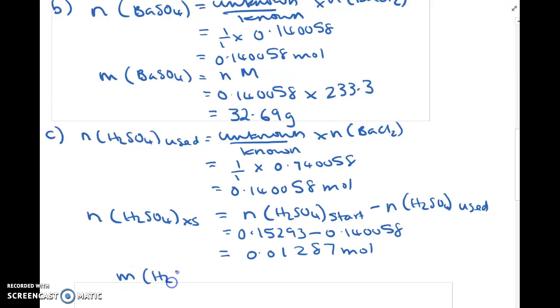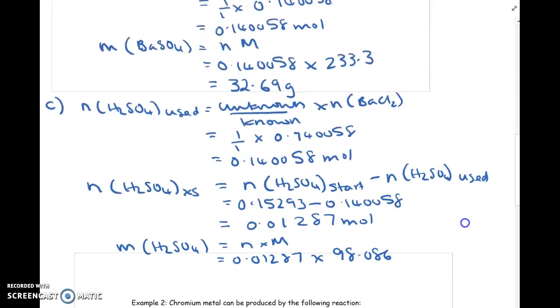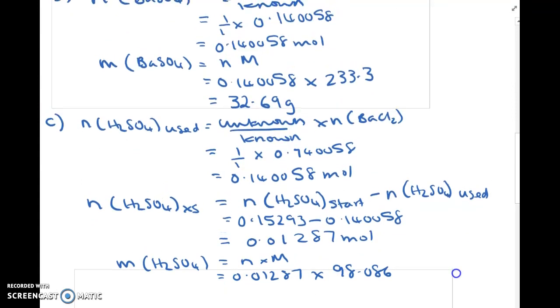So the mass of the sulfuric acid in excess is equal to number of moles times formula mass, which is 0.01287 times the formula mass, which we calculated earlier, 98.086, which equals 1.262 grams, because remember we have to have 4 significant figures.